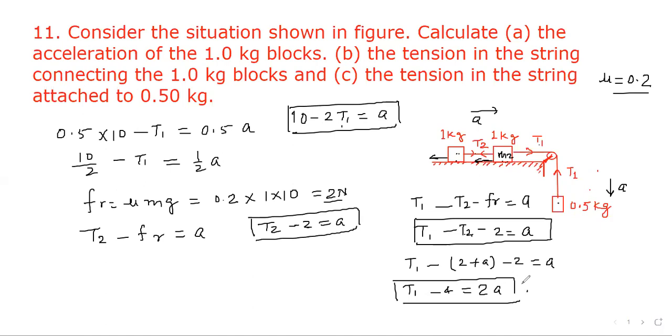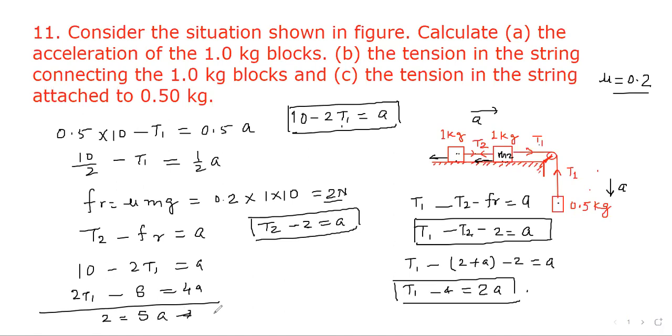So either we double it and add to this equation. It will become 10 minus 2T1 equal to A, and we are doubling the other one, so this will become 2T1 minus 8 equal to 4A. If we add the two, we will get 2 equal to 5A, from where we get A equal to 0.4 meter per second square.